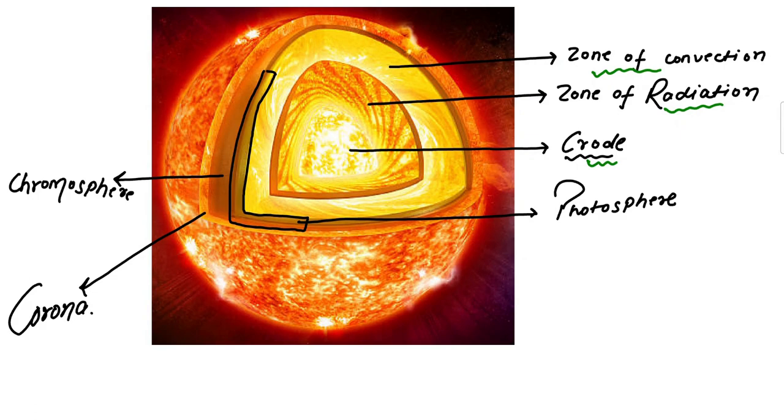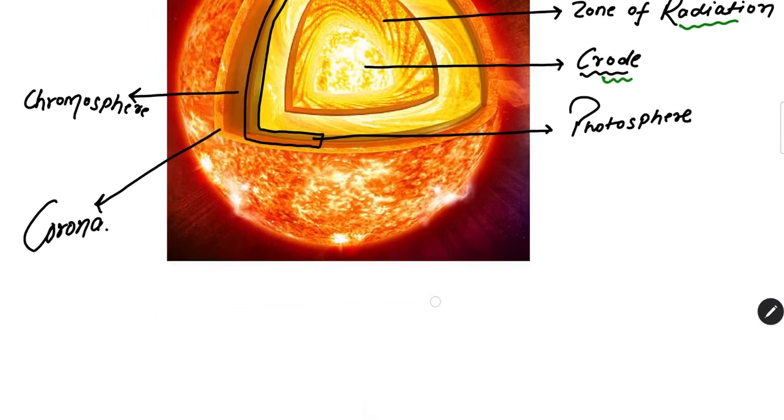The first thing we are going to do is the photosphere. So let us go ahead with this. The first topic that we have is the atmosphere of the sun.